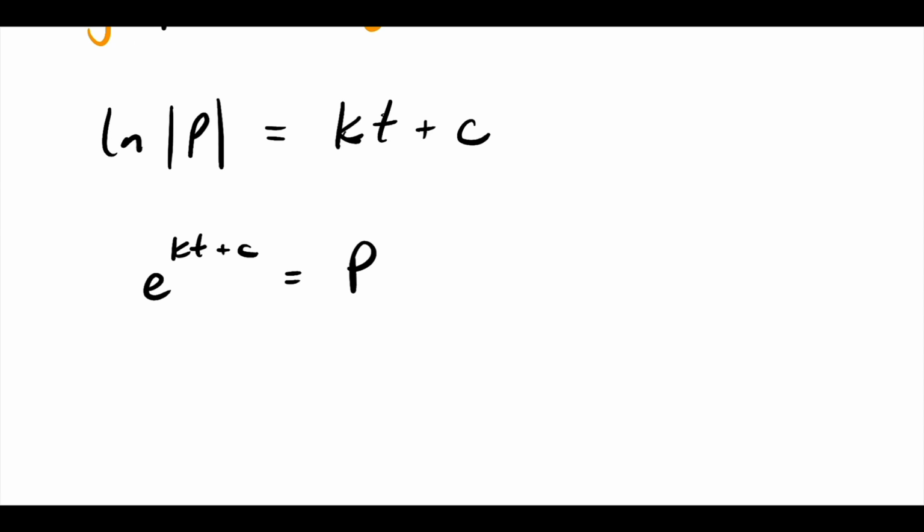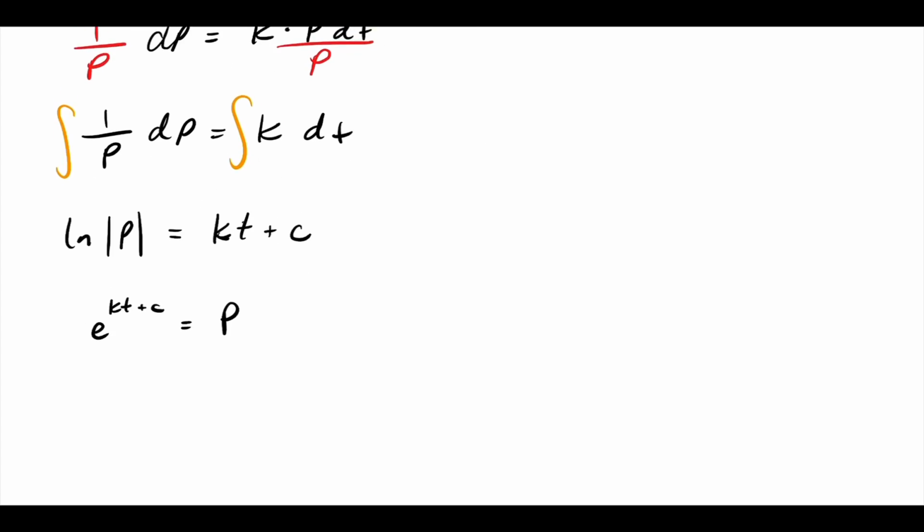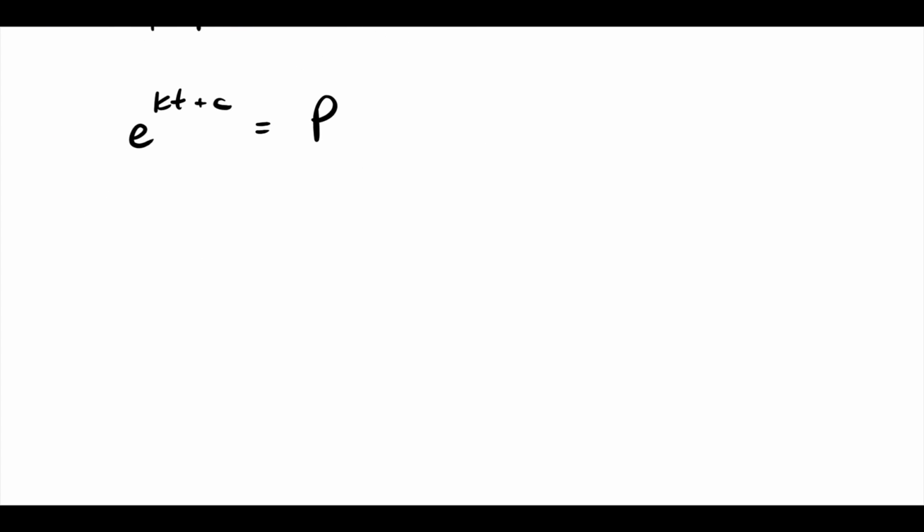And then what did we do after that? What did we do with that guy when we solved this? We had different letters, but what did we do? Exactly. E to the k, oops. And then we said, hey, this guy right here is a constant.